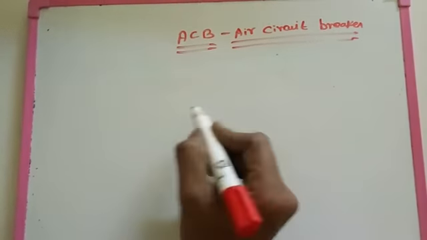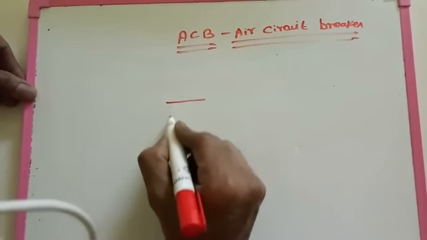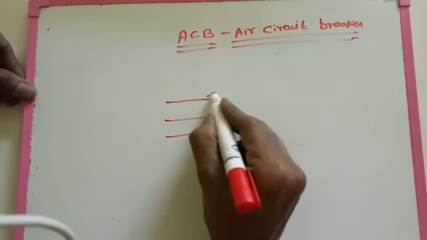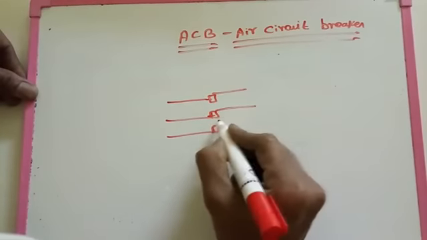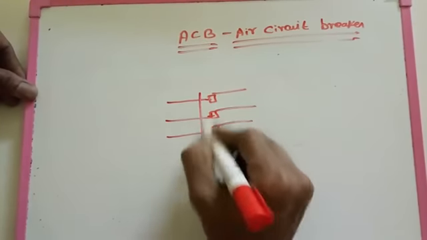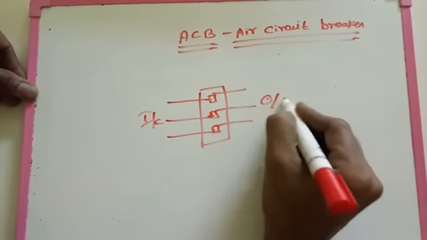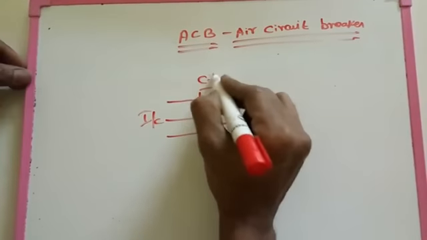First thing, see here, this is a small explanation for the air circuit breaker. You have 3 links for input, incoming and outgoing. So this is a simple circuit breaker diagram.